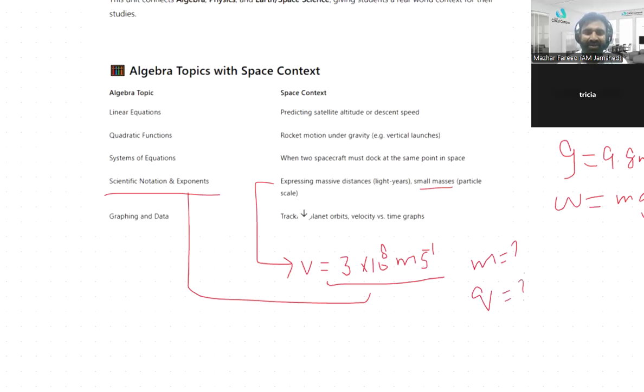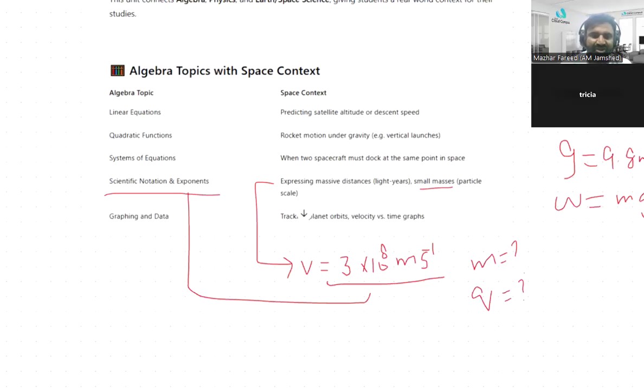That is how algebraic scientific notation is helpful to find different exponents and different orientations in space. This is a very useful phenomenon to find the exact value of speed, length, and duration.